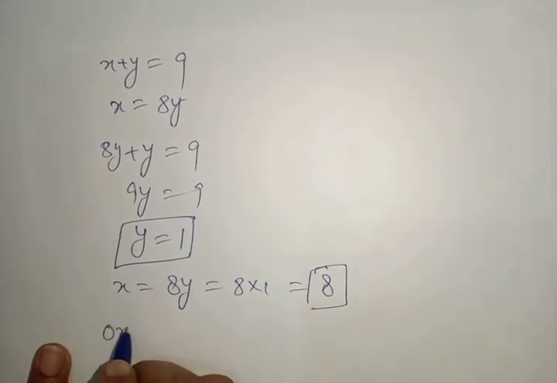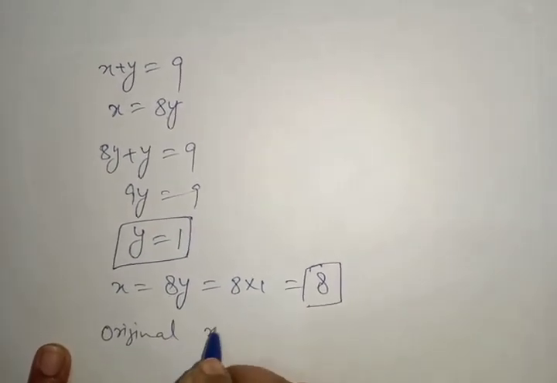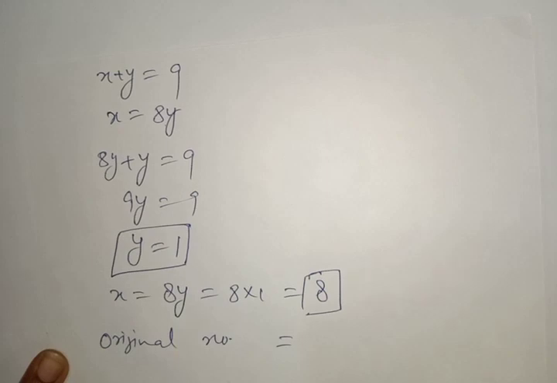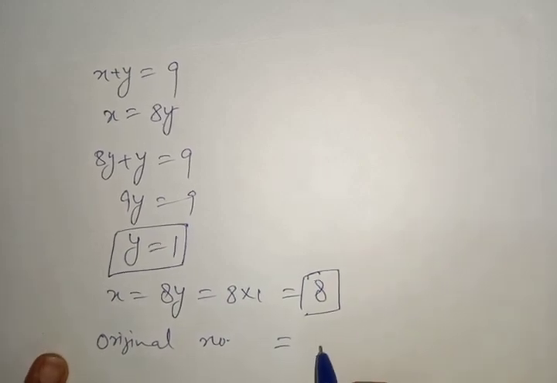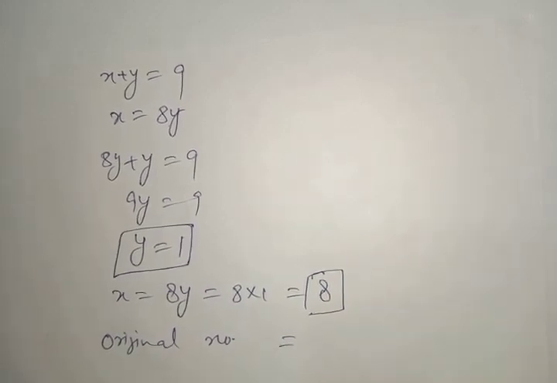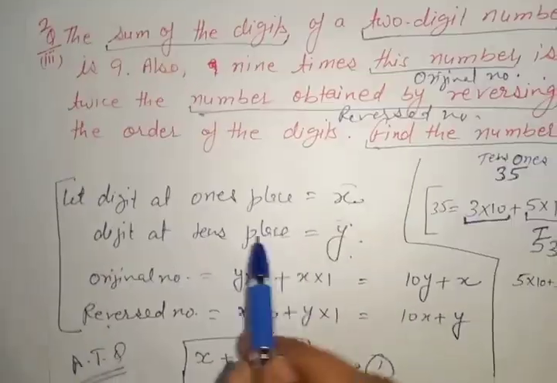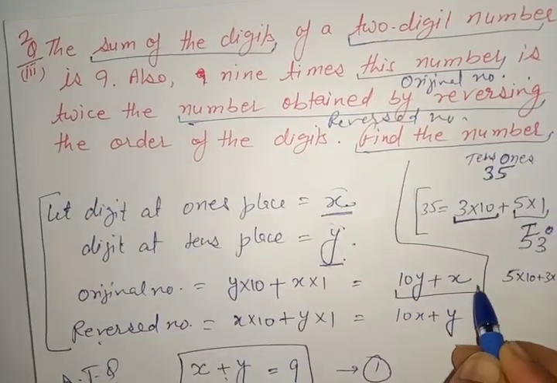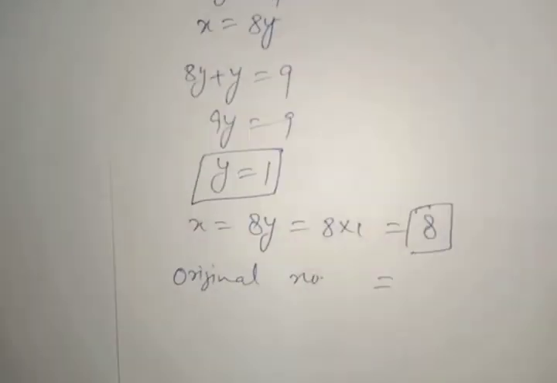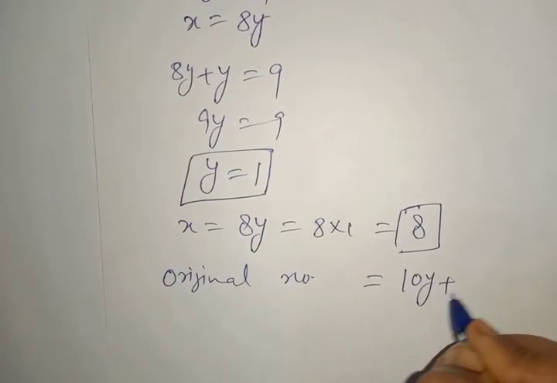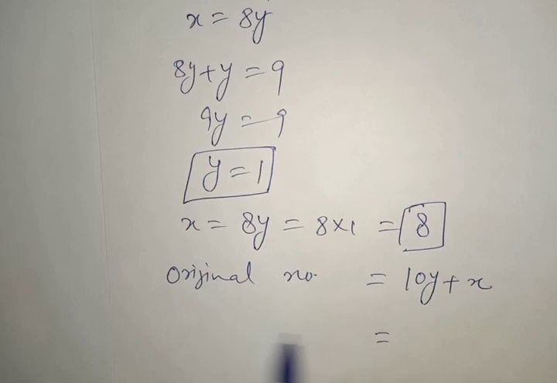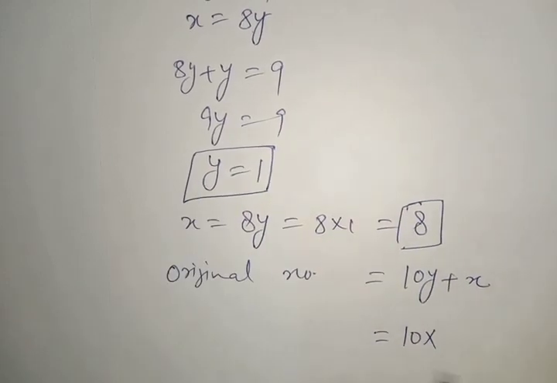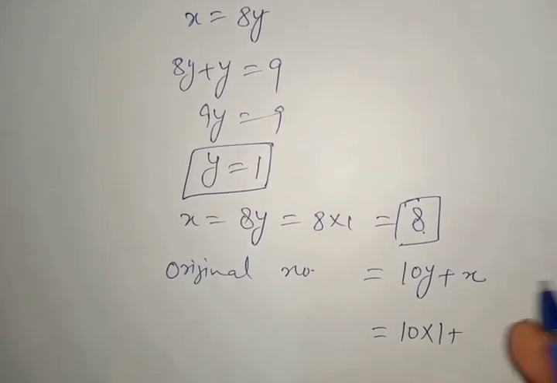We need to write the number. Number means the original number. The original number was, with ones place x and tens place y, 10y plus x. So we'll write 10y plus x. So 10, y is 1, x is 8.